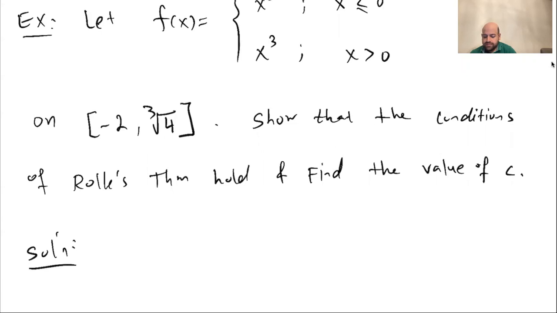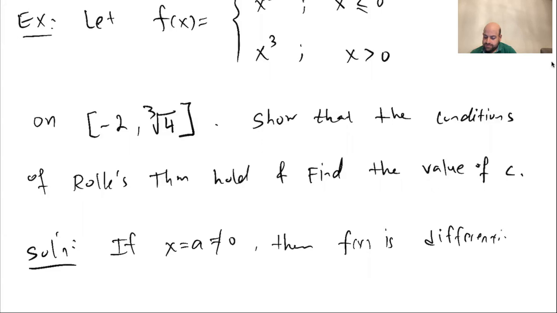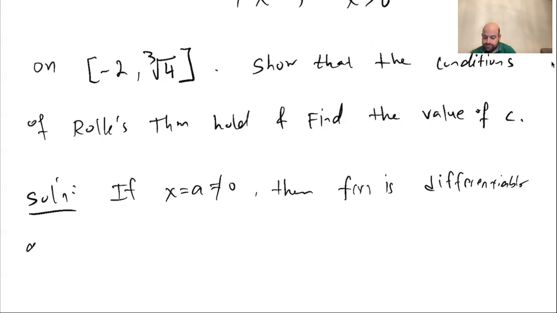The solution: if, let's say, x equals a not equal to 0, then f of x is differentiable at a, since polynomials are differentiable everywhere.